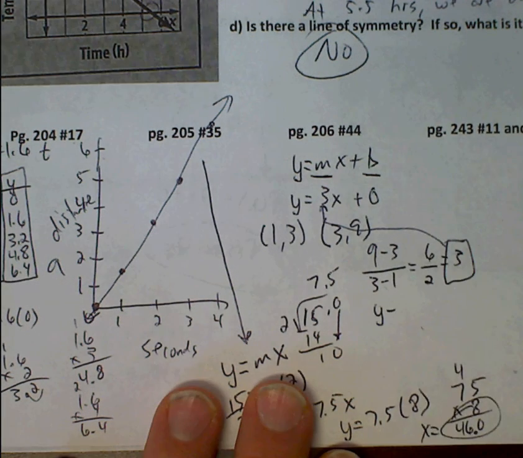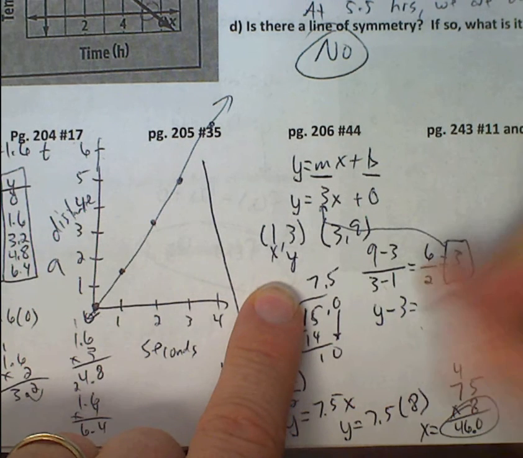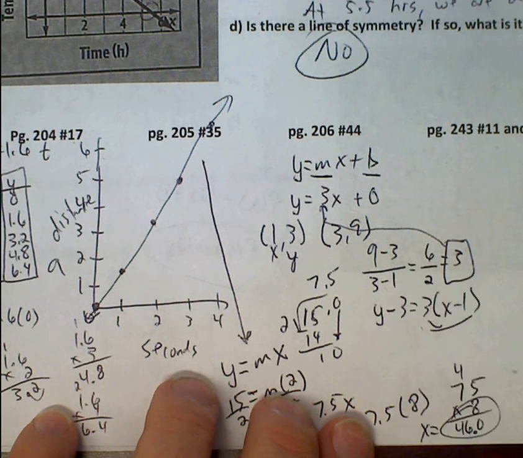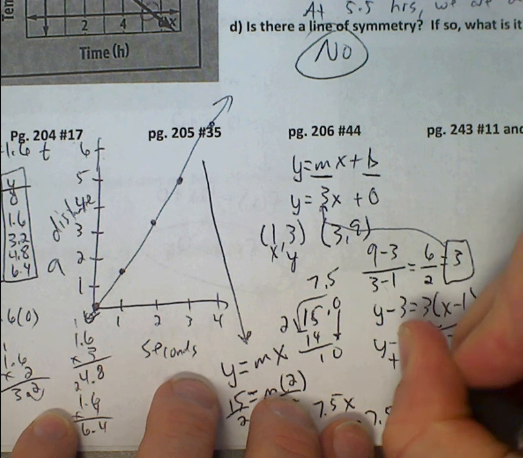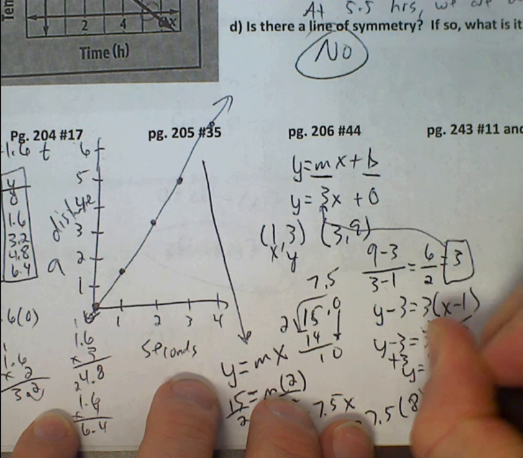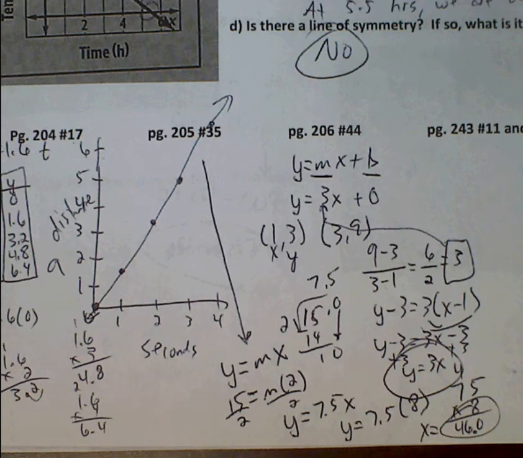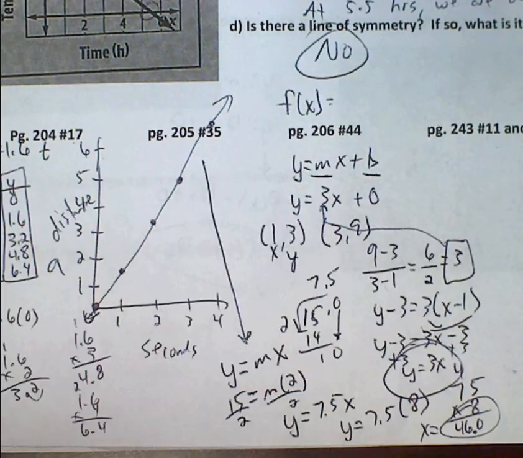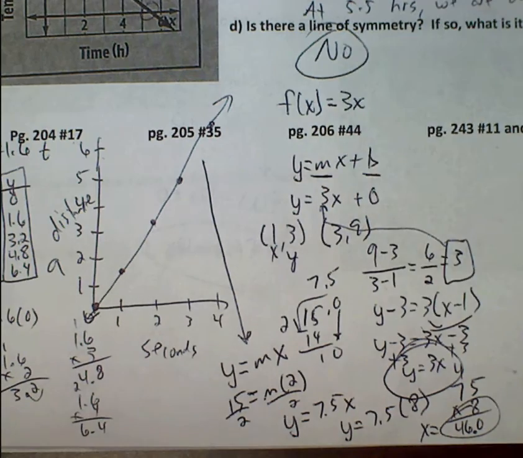Y minus y1, so this is x1, y1, so my y would be 3, my slope is 3, x minus 1. I can distribute. That gives me 3x minus 3, add 3, y equals 3x, because that would be 0. Now function notation would just change the y into f of x. So instead of y equals, it's f of x equals 3x plus 0, or just 3x. We are done.